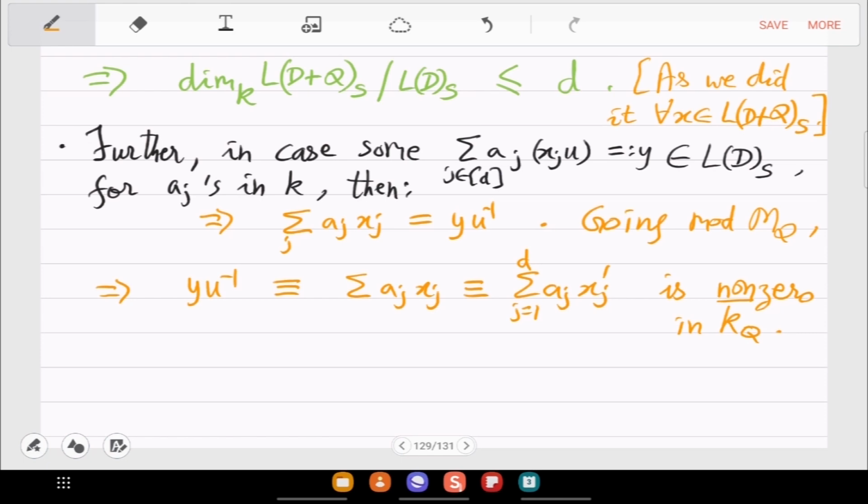MQ has this uniformizer. You are saying that its valuation is at least 1. So xj minus xj prime is divisible by the uniformizer.